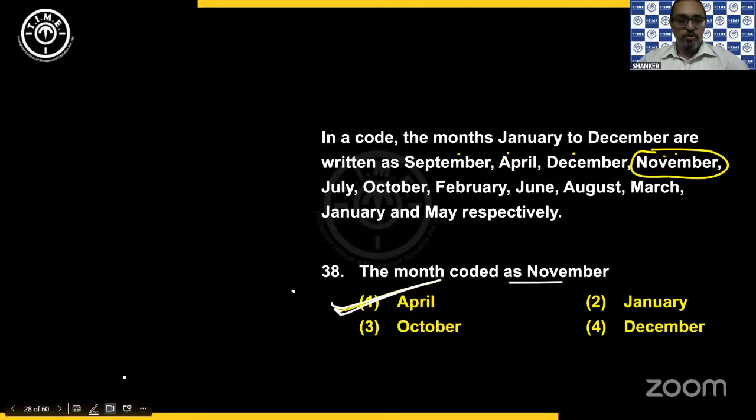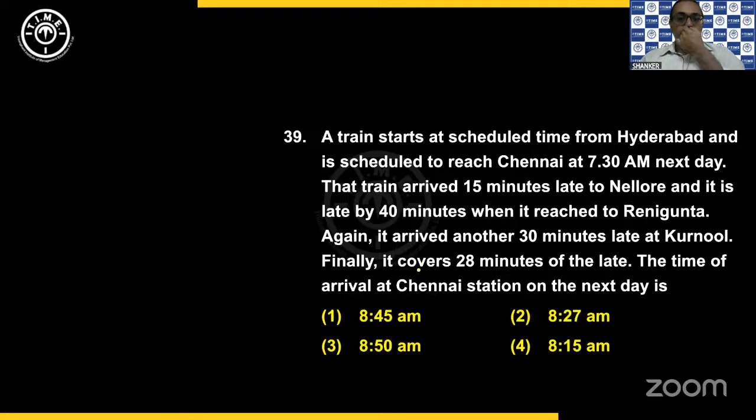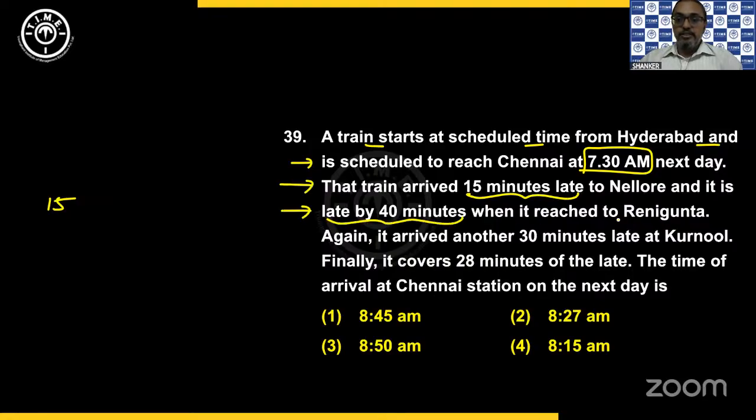Let's see. Moving on to the next. Now it is about scheduling. A train starts at a scheduled time from Hyderabad and is scheduled to reach Chennai at 7:30 a.m. the next day. The train arrived 15 minutes late to Nellore and it is late by 40 minutes when it reached Renigunta.